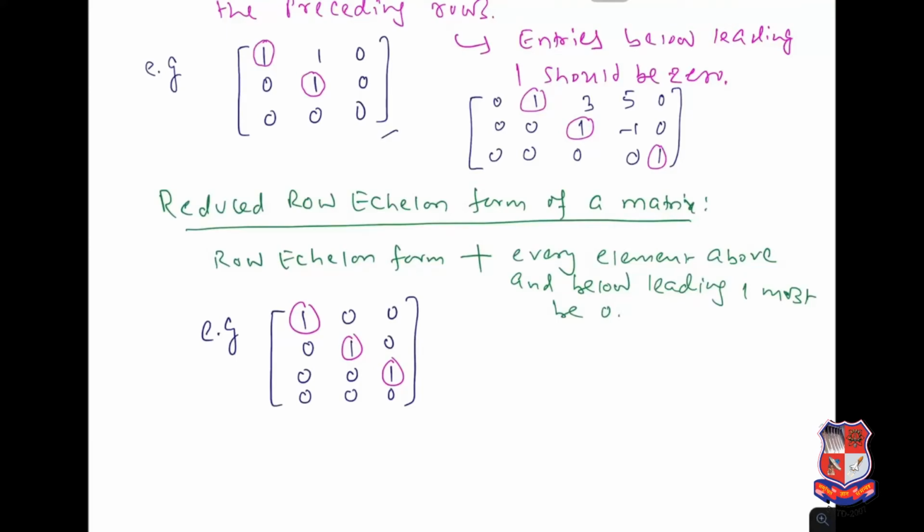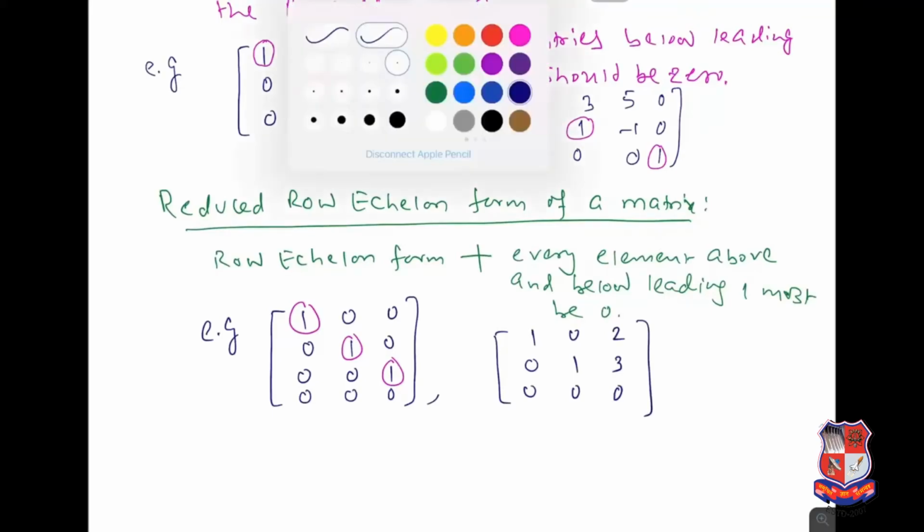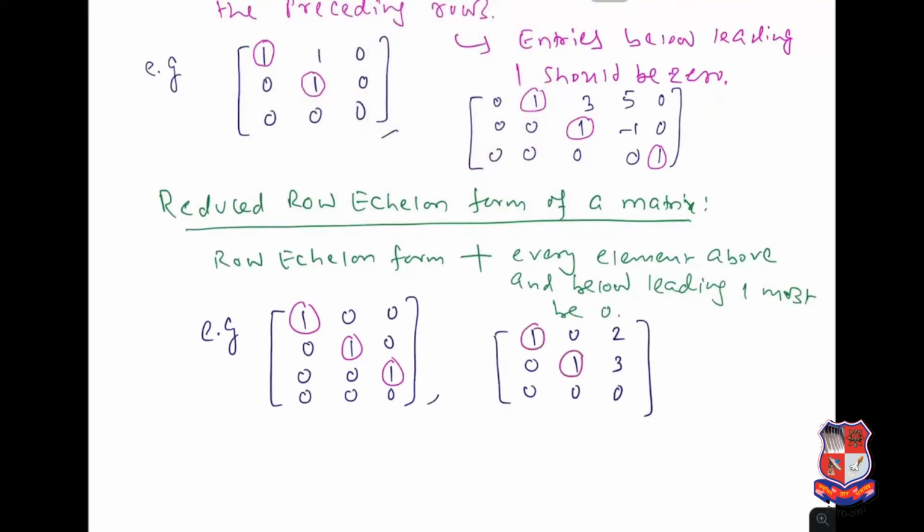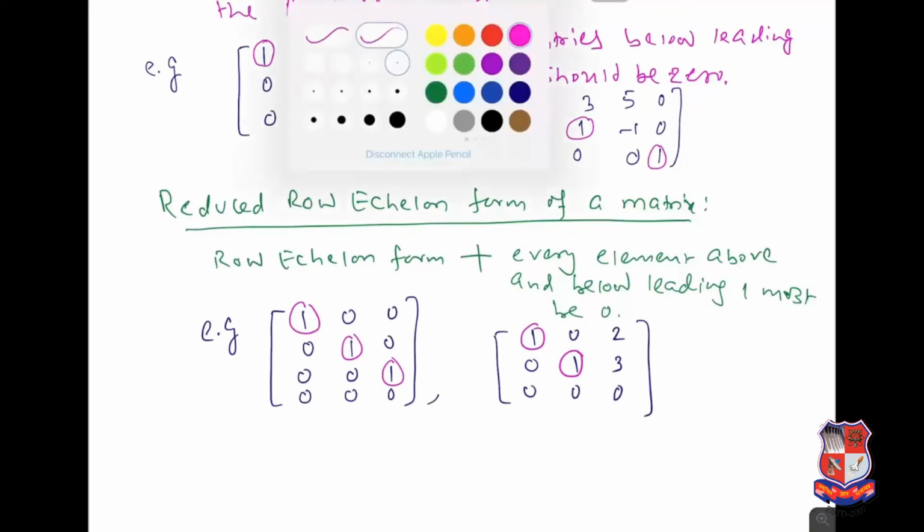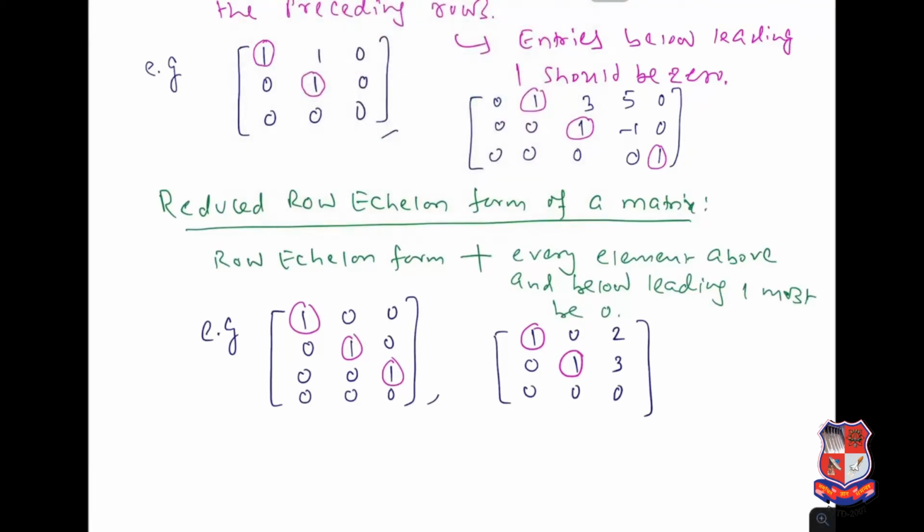This is also reduced row echelon form: 1 0 2, 0 1 3, 0 0 0. Here is a leading one, here is a leading one, and the entries above and below the leading ones are 0. So the matrix is in reduced row echelon form.